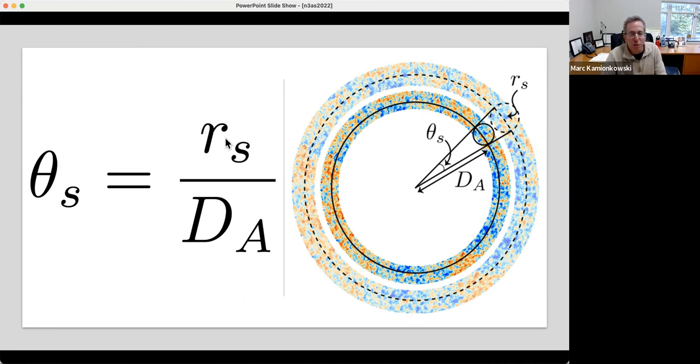So it is the physical sound horizon, the distance the sound wave propagates from the Big Bang until 400,000 years after the Big Bang, divided by the angular diameter distance, the distance to the surface of last scatter. So R sub s depends on the baryon density in the early universe. The angular diameter distance depends on the Hubble constant today and the matter density in the universe.